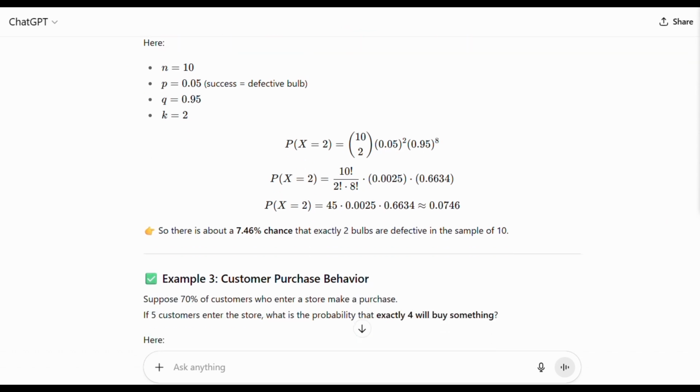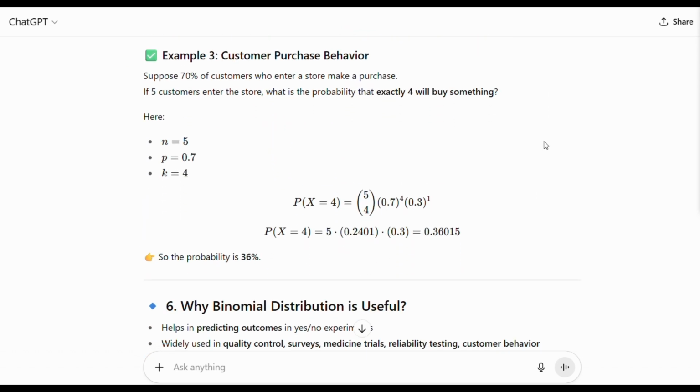So coming to the next problem, this is customer purchase behavior. Again it is a very practical problem. Whoever is working in a marketplace, like any shop or mega store, this is a very practical problem for these kinds of applications.